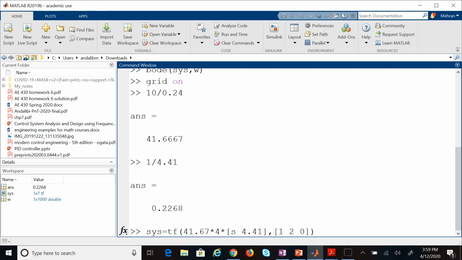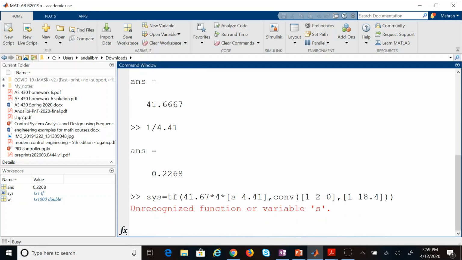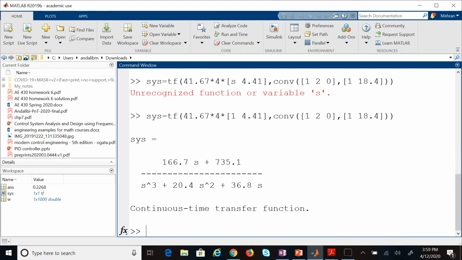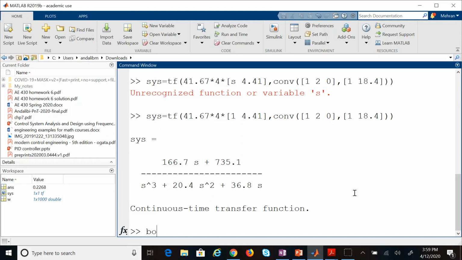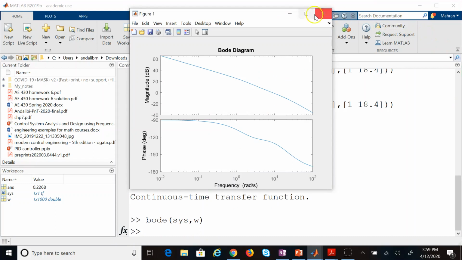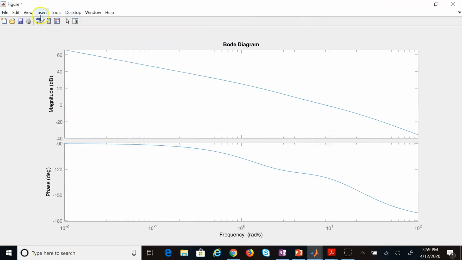The denominator is s times s plus 2 convolved with s plus 18.4. Okay, so this is now the new compensated system, and now I take the Bode plot of this system over omega, and try to find the phase and gain margin of this system.